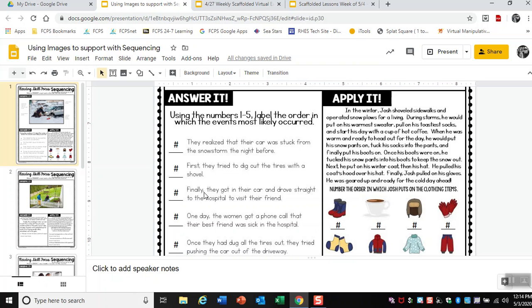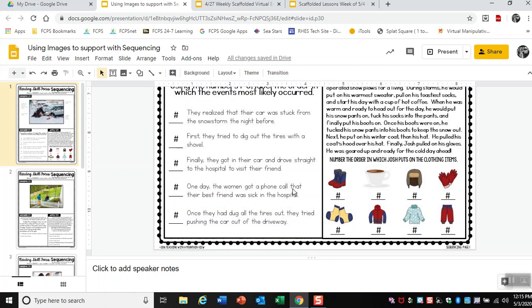Finally, they got in their car and drove straight to the hospital to visit their friend. So when I see these words first and finally, that kind of helps me figure out the order in which these might happen. Because I know that finally would mean that it happened towards the end, whereas first would mean that it happened like the first thing, or that was what happened first.